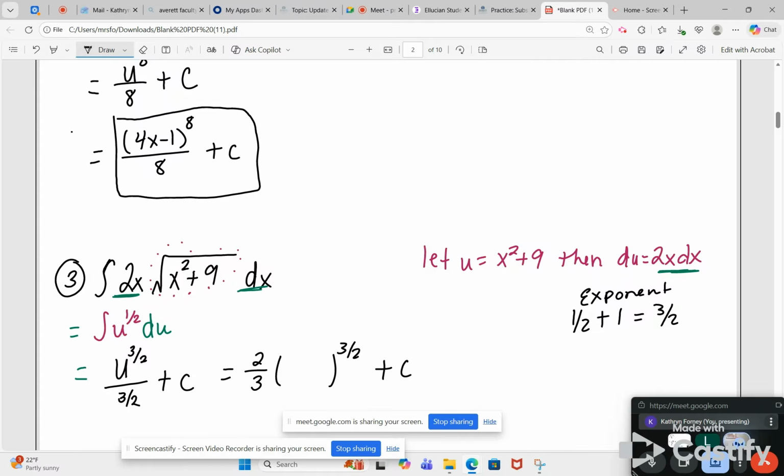So that's 1/2 plus 2 over 2, because 1 is 2 over 2.